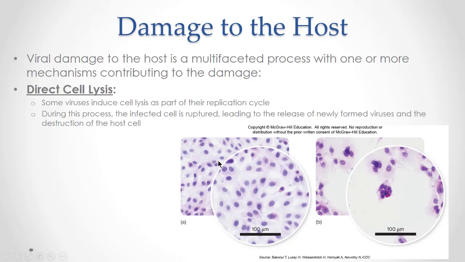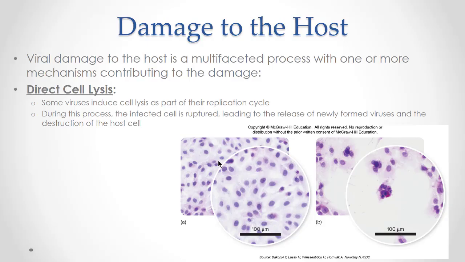So as you can see there with lysis, getting into damage, whenever a cell is involved in lysis, it's relatively straightforward. It kills the cell in the process of release, and any viability that cell had is now gone. If you have lots of viruses infecting lots of cells, they're going to do lots of damage to all those cells within that tissue.